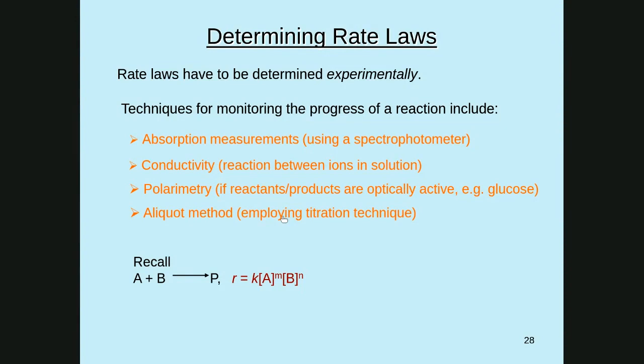The method is based on the following: if it is a very slow reaction, like the hydrolysis reaction of ethyl acetate, then at set intervals you take a sample, an aliquot from your reaction vessel, and quench it, basically stopping the reaction.